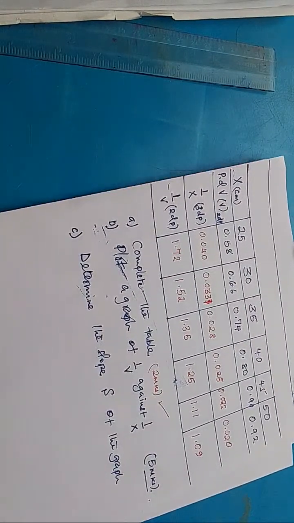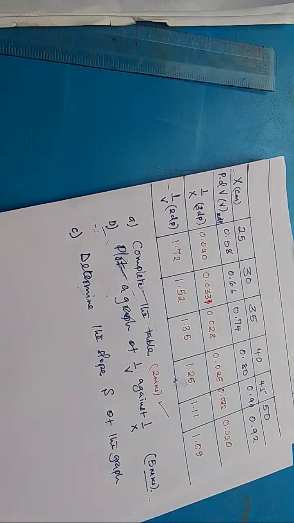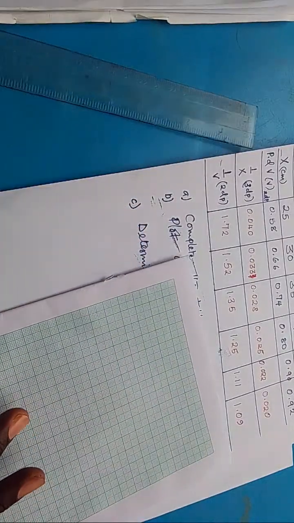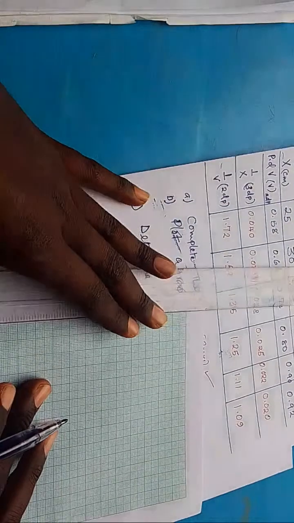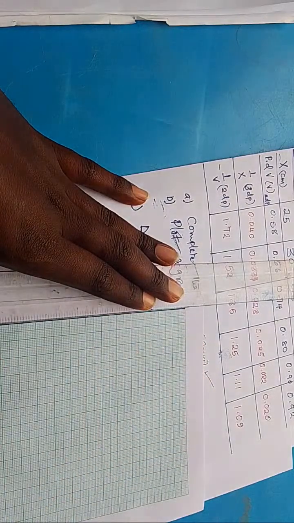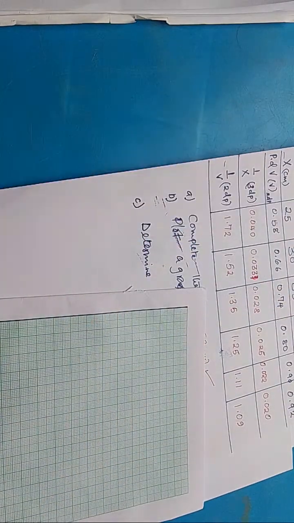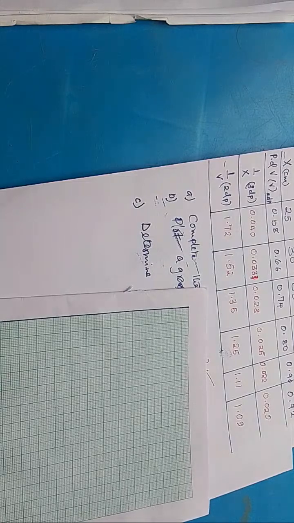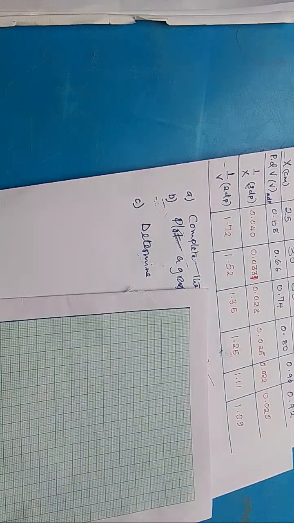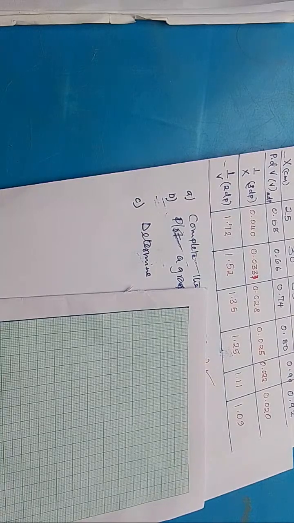So now I'll pick my graph paper so that I can transfer these values which have been given there to this graph. Therefore, the first thing is to draw the axes.